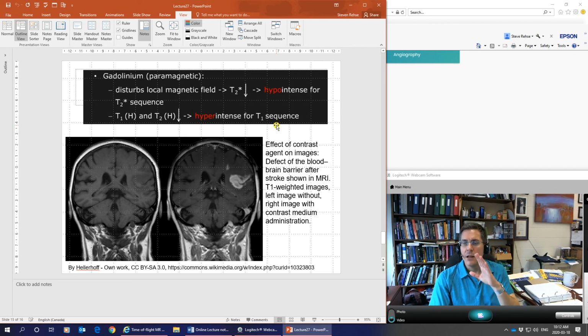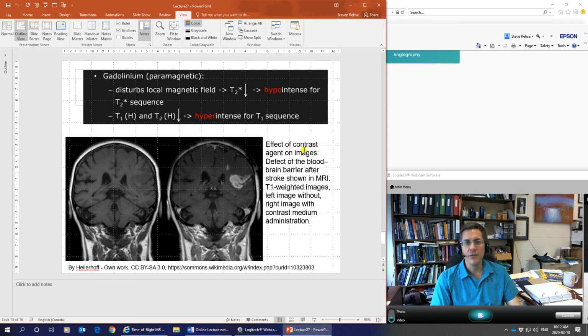Remember, if that doesn't make sense, you have to go back to my PowerPoints and look at what that equation is. There's a 1 minus e to the negative TR over T1 in those terms. So when T1 gets shorter, your TR is just fixed. That means that the things that are recovering quickly are even brighter in that image. So it is possible to get a brighter image.